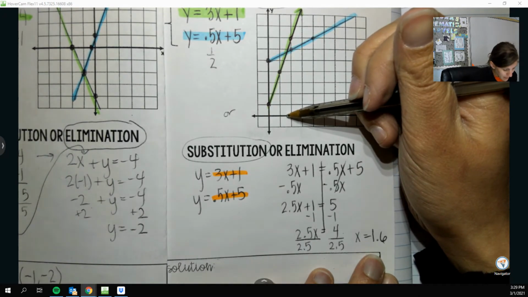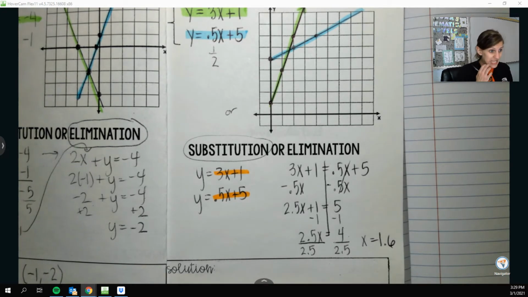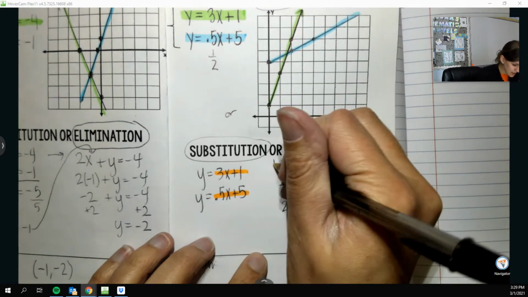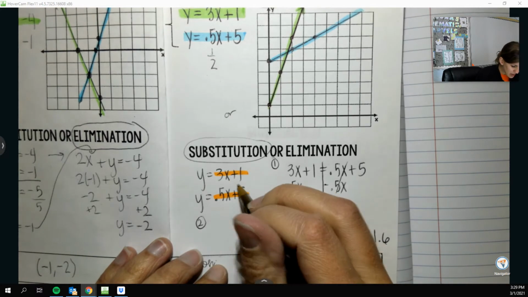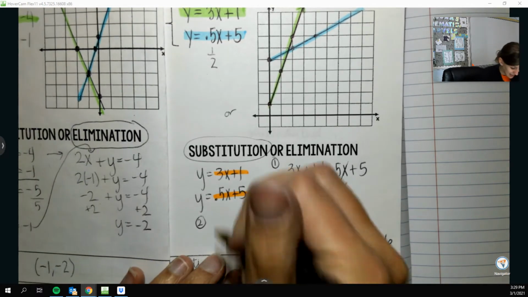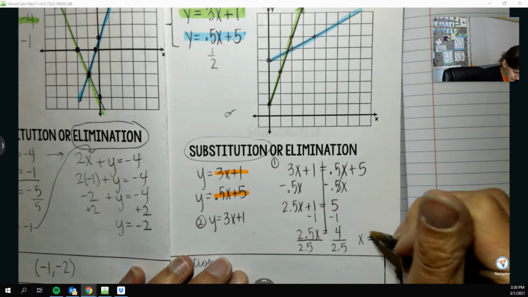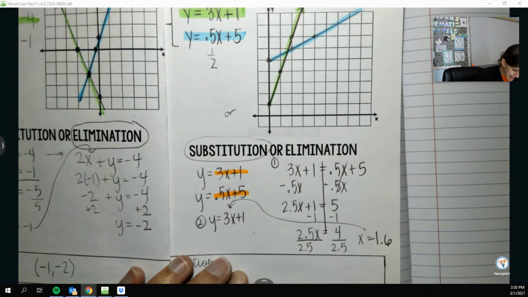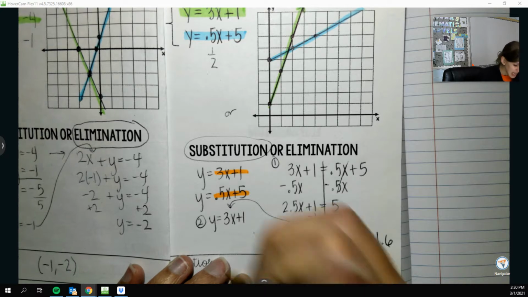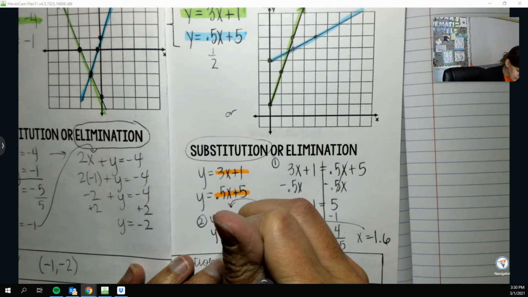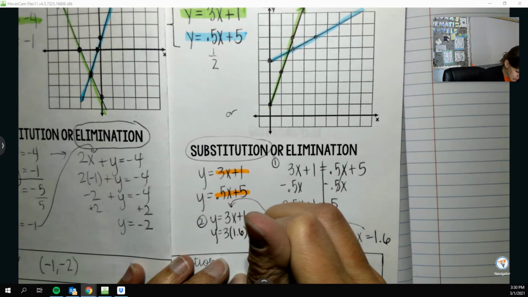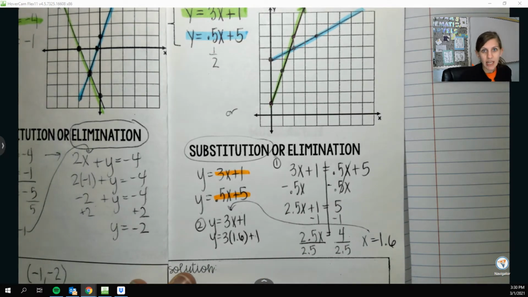But now to figure out what y is, I'm going to have to plug it back into one of our two equations. So I'm going to go with that top one because it doesn't have the decimal. So y equals 3x plus 1. But because I know that x is 1.6, I can plug it in. So we'll have 3 times 1.6 plus 1.